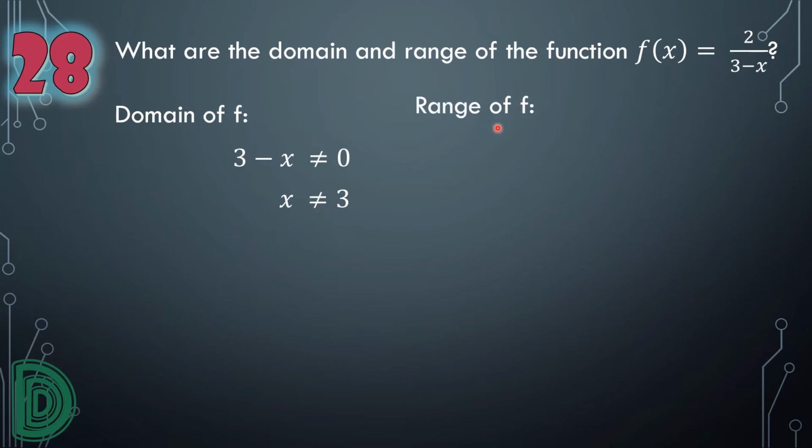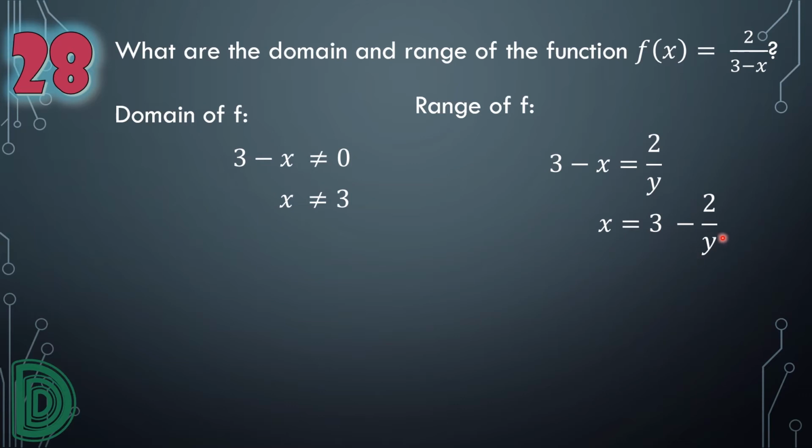Then let us solve for the range of f. Set f of x as equal to y. Then we have 3 minus x equals 2 over y. Then we have x is equal to 3 minus 2 over y. The range of f are all values of f of x or y that will make values of x a real number.